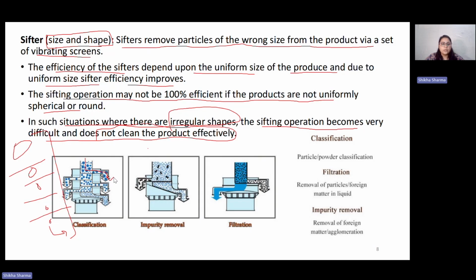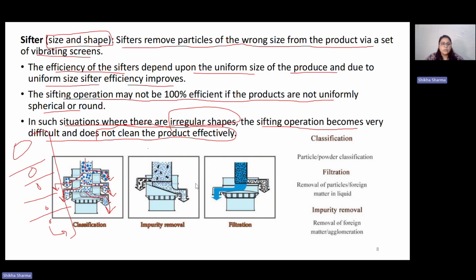The larger ones will come first, and the smaller ones will come last. So like this, different particles in between can also be separated using this sifting process. So one application is that we can classify the different size or shape of the product using this.